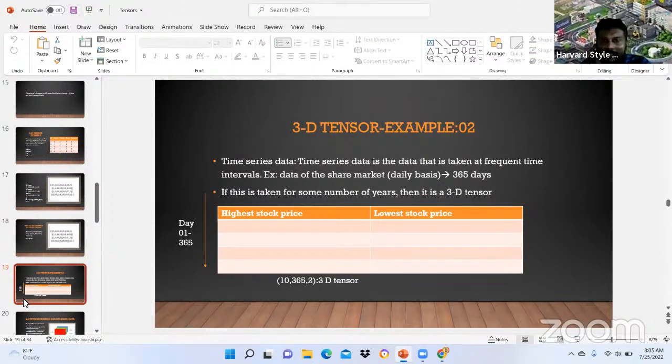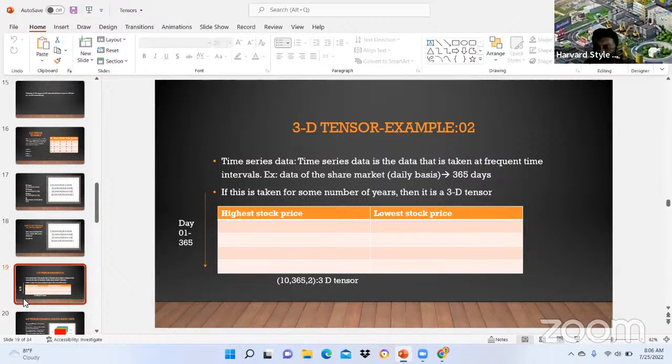Then next example for the 3D tensor, you can have a time series data. What is called the time series data? That means if you are taking the data at regular intervals, as an example, share market data, stock prices. You are taking the stock price value today, tomorrow, the next day, day by day.